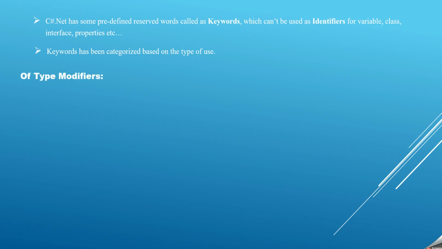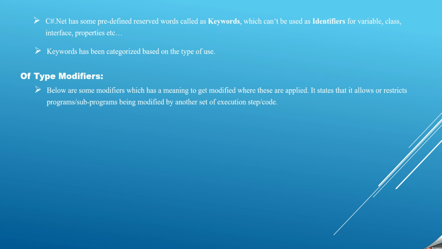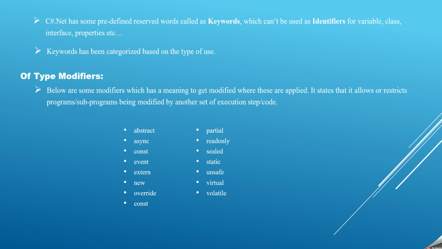Here we will discuss some of the categories we have, and the first one is modifiers. What are modifiers? As the common English term suggests, it means to modify something. Below are some modifiers, which modify whatever they are applied to: async, const, event, extern, new, override, const, right?